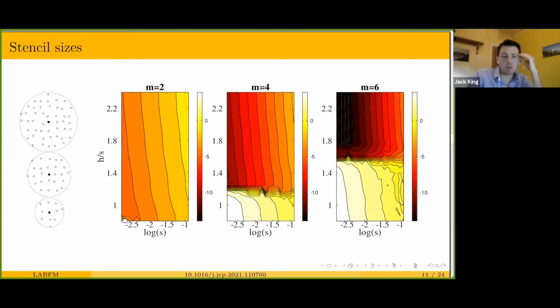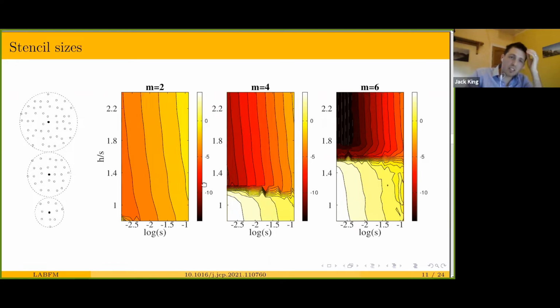We see, it's just off the bottom of this plot, that for each value of m, so for each order that we're looking at, there's a clear limit above which, for larger stencils, the method converges uniformly. And for smaller stencils, the method diverges or certainly doesn't do very well.